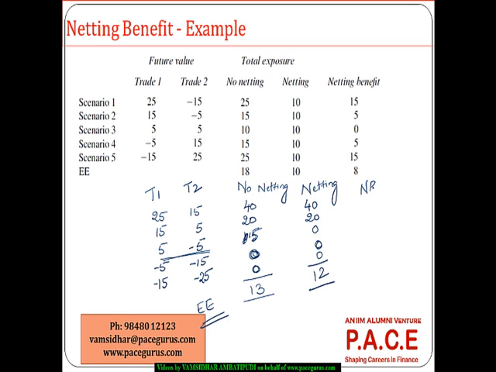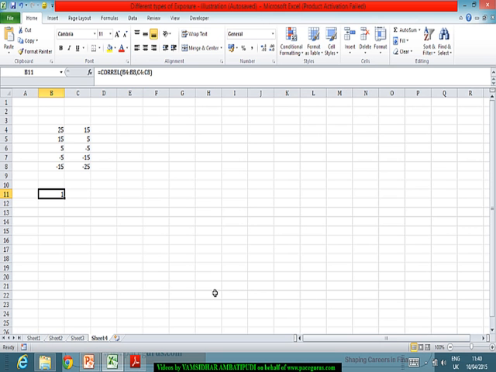Overall the netting benefit is only 1, because the correlation between these two is very high positive. The netting benefit is very minute.